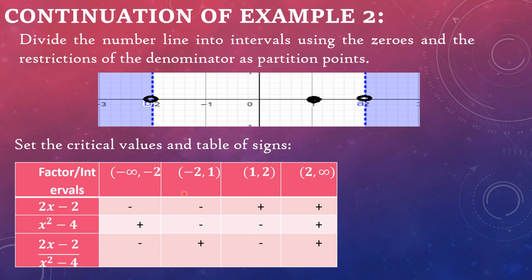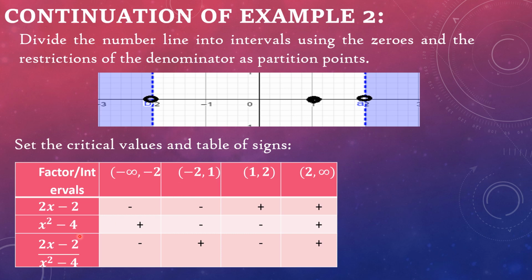On this interval, we can set x equal to negative 1. So 2 times negative 1 is negative 2 minus 2, which is negative 4, not 0, as I said earlier.